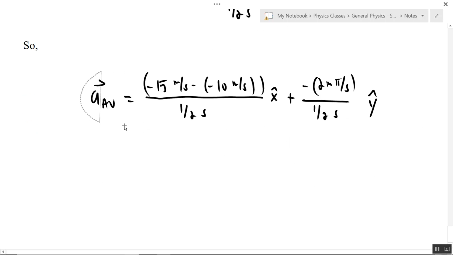So then you can just simplify this. You got to be a little bit careful, right? Because it's really negative 15 plus 10, which is what? What's negative 15 plus 10? And then divided by 2. Divided by 1/2, which is the same thing as multiplied by 2 is what I meant to say. So it's negative 5 times 2, which is what?